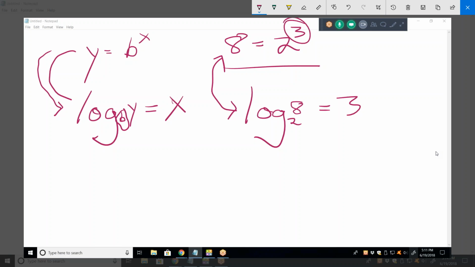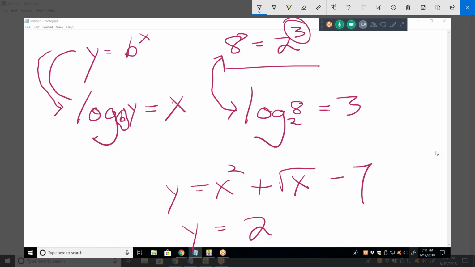Let me give you two functions. Only one of these is an exponential expression. Which one is it? y equals x squared, or the other one?